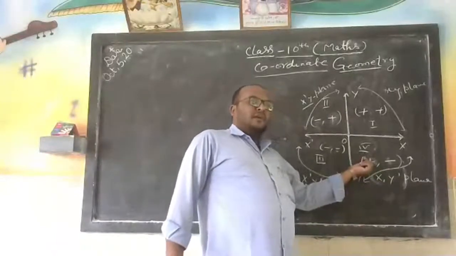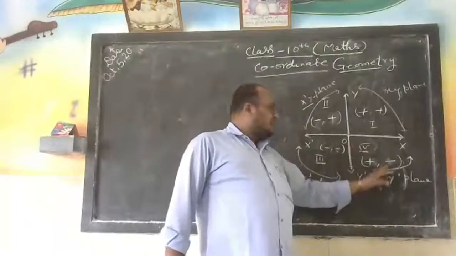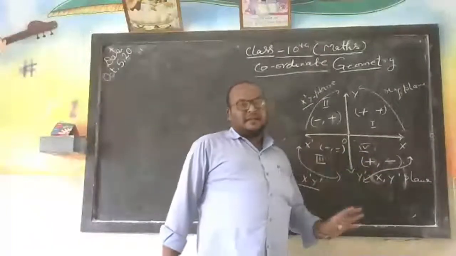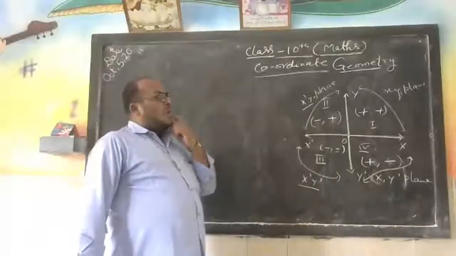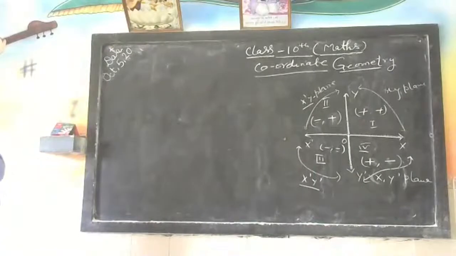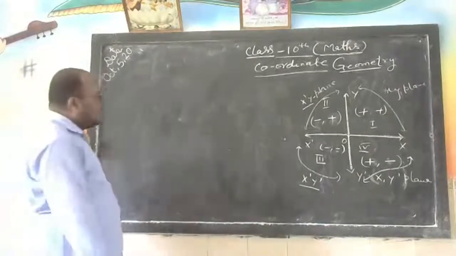The value of x is always positive and the value of y is negative, and this is called the fourth quadrant.